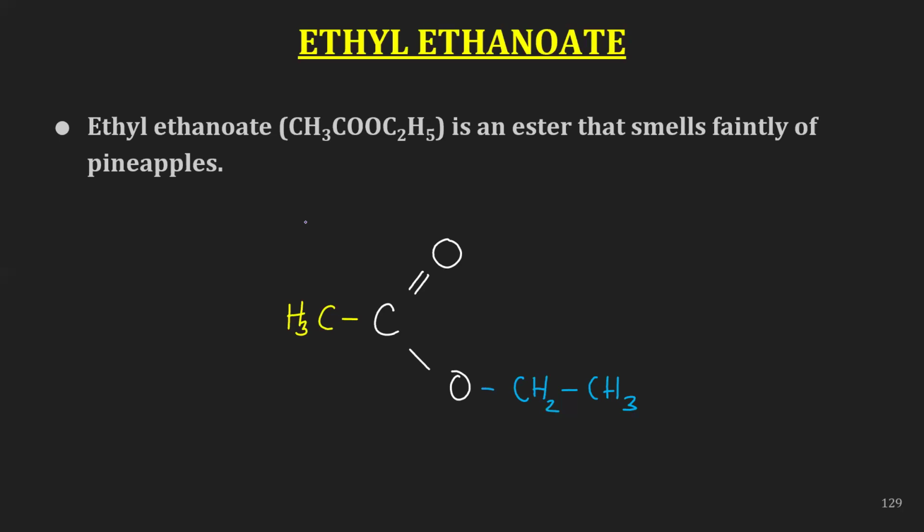Here you will understand why there was R and R prime. One is the yellow and one is the blue. These are the two alkyl radicals.